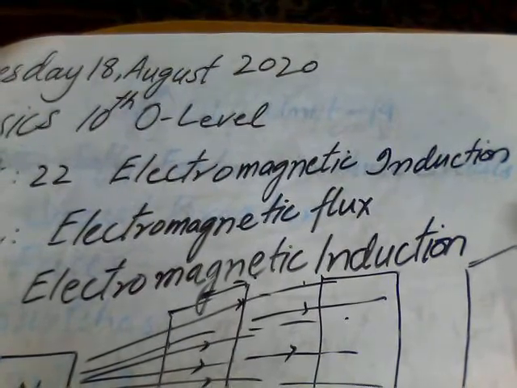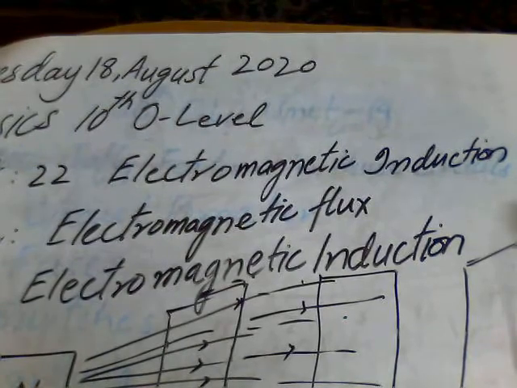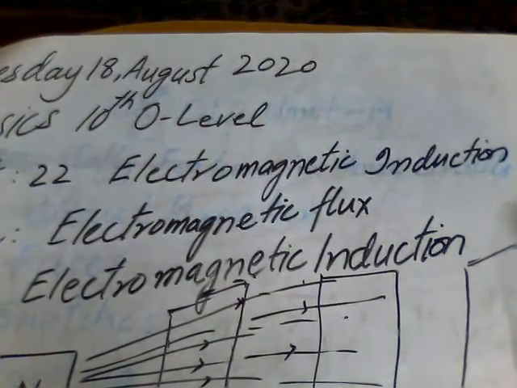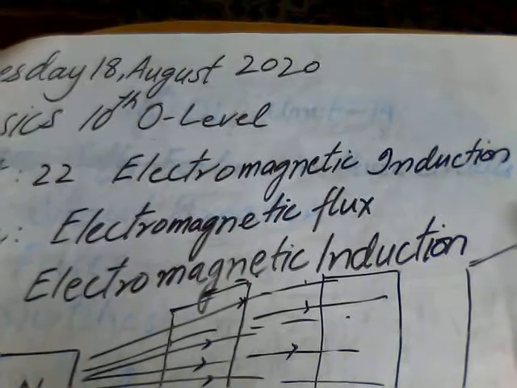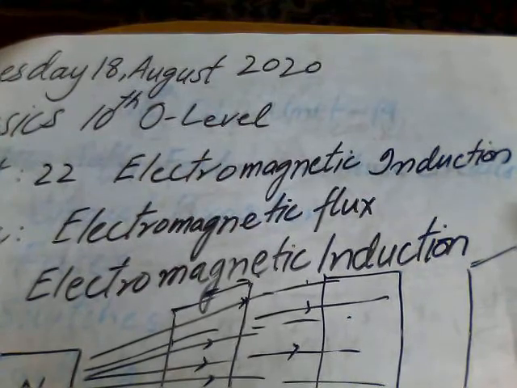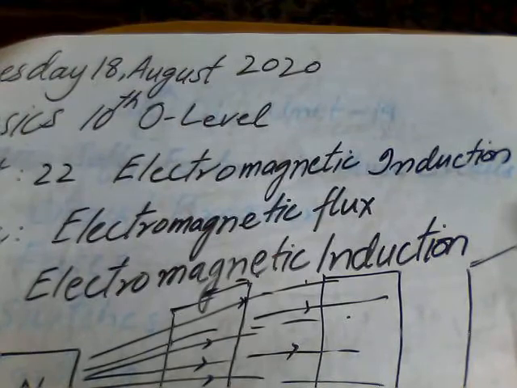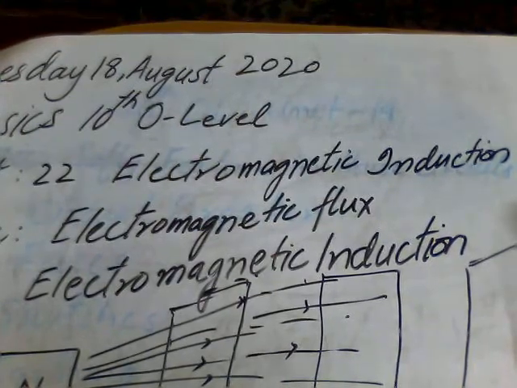We have studied that a magnet can produce current, and in the previous chapter on electricity we studied that electricity can produce magnetism. When electricity passes through a few metals, it produces a magnetic effect.